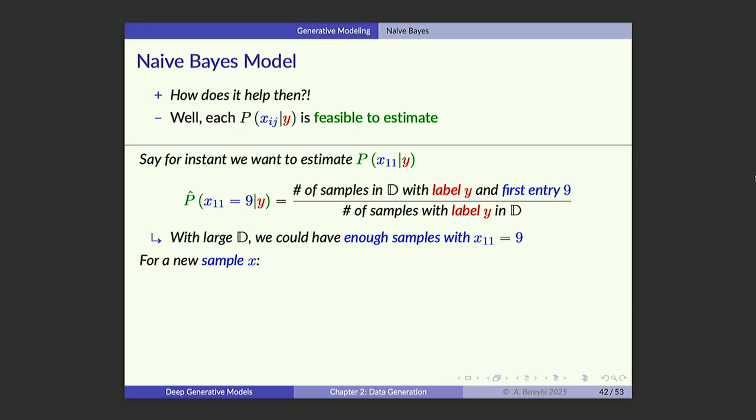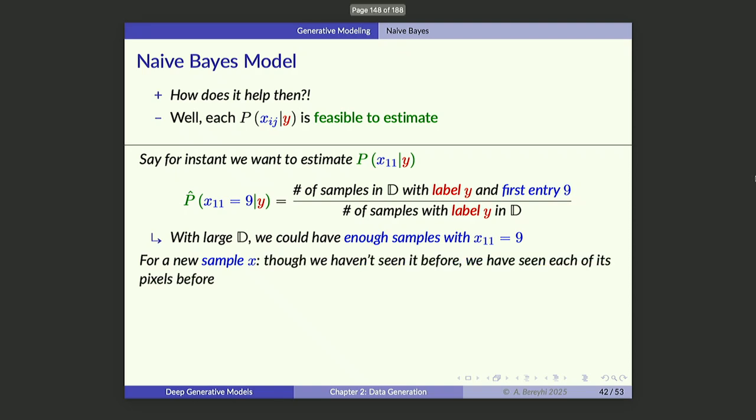So if you have a new sample x, as I said, you might not have seen it before. This is a totally new sample, but you might have seen lots of samples inside your data set for every single pixel of it. And then you only need those samples to compute the generative distribution.